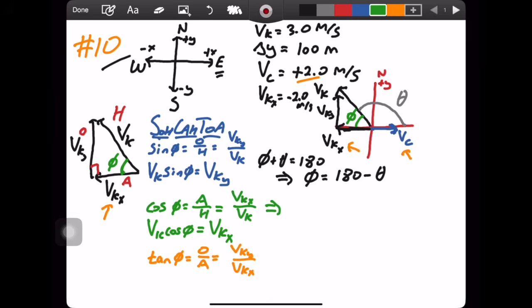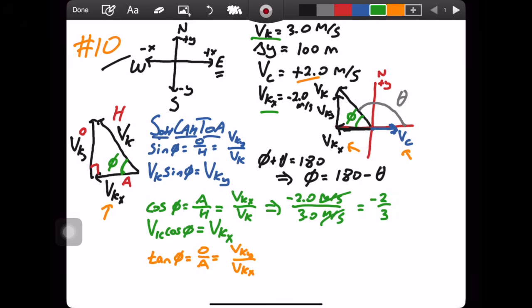It has to be equal and opposite the velocity of the current. So that's negative 2.0 meters per second, and the velocity of the kayaker is 3.0 meters per second. The meters per second cancel, and this is equal to negative 2/3.